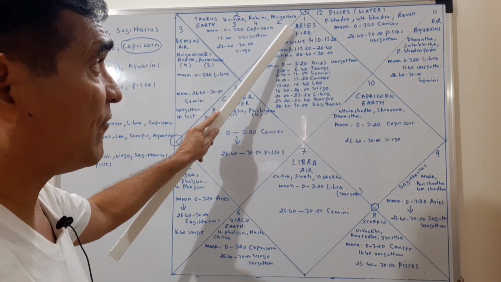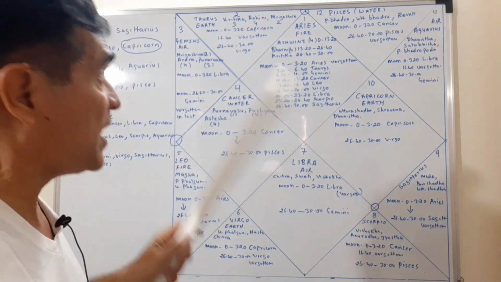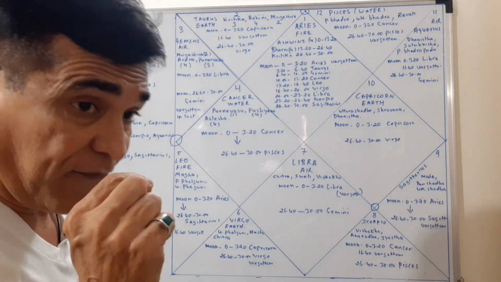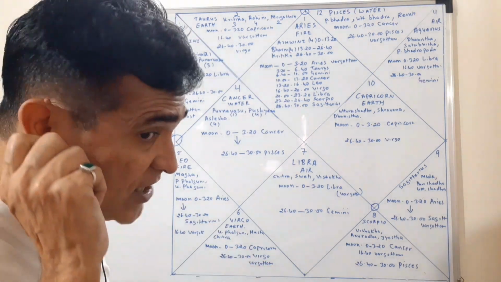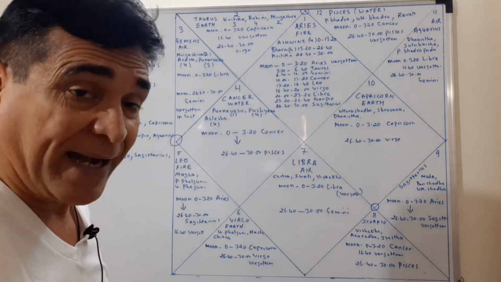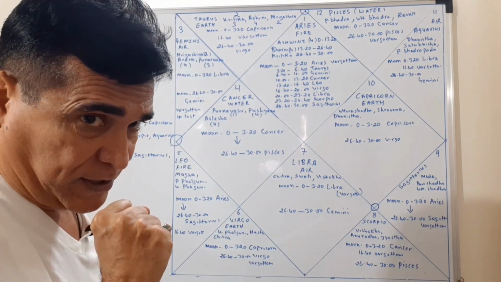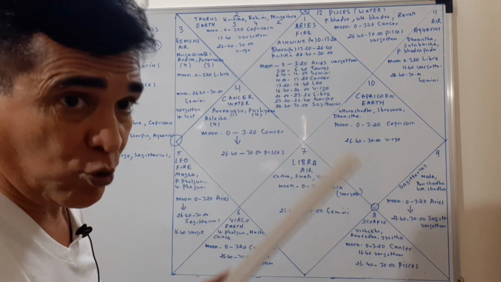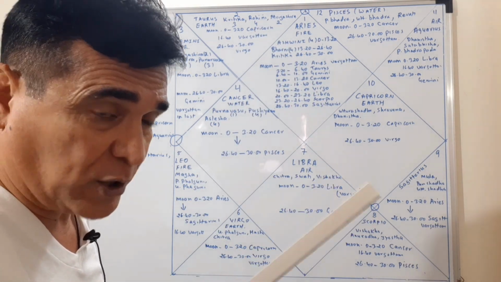Let us start with fire, Aries. In Aries, the first nakshatra that starts at 0 degrees is Ashwini, and it has 4 padas. Ashwini is ruled by Ketu.